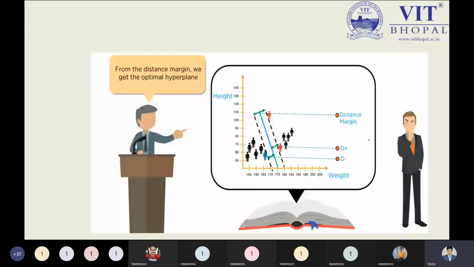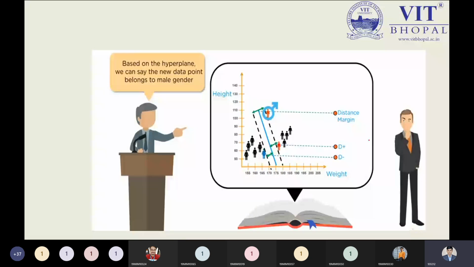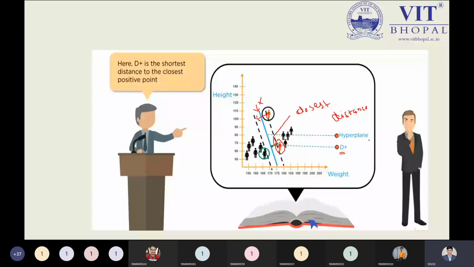After that, we can easily determine things based on the hyperplane. You need to keep in mind why we have decided the high distance margin, why we have decided d plus and d negative, why we have decided the hyperplane, and why we have decided the support vector, to get the optimal hyperplane.